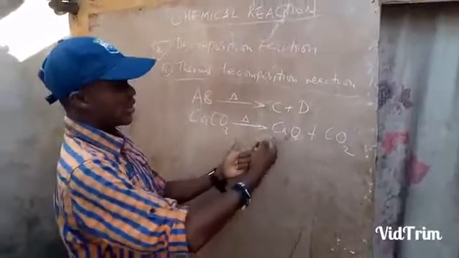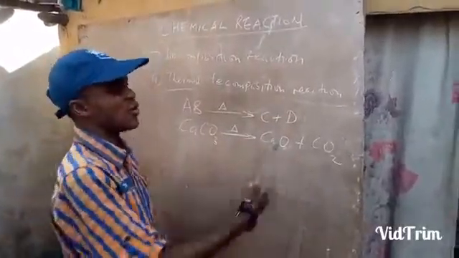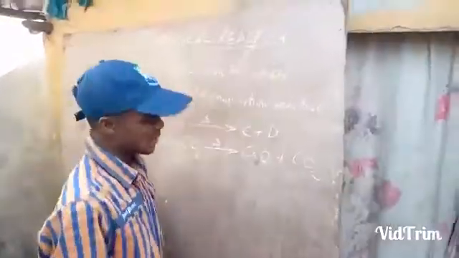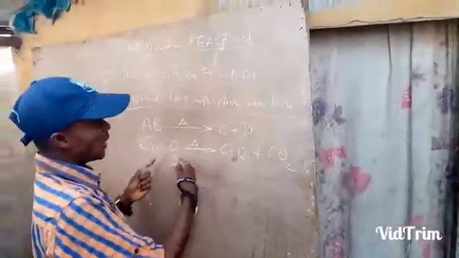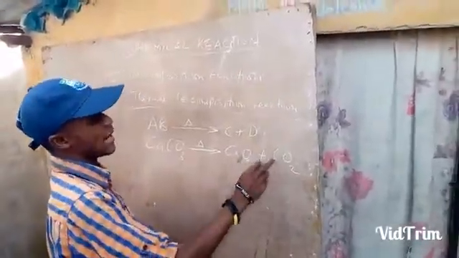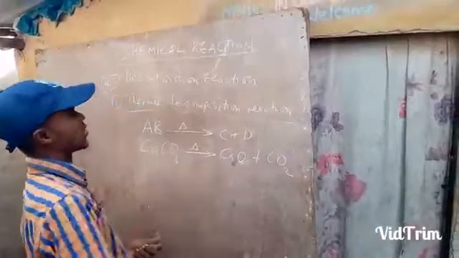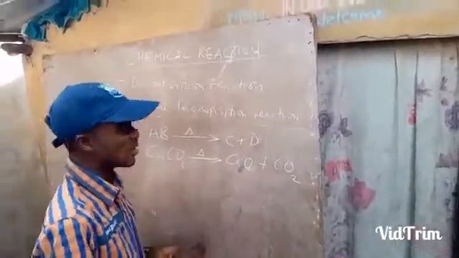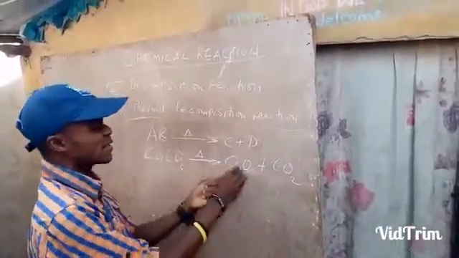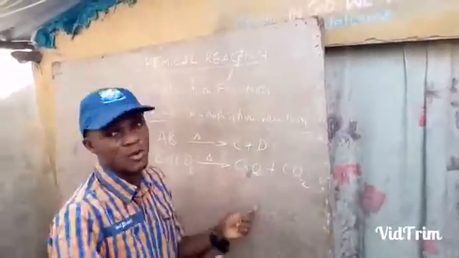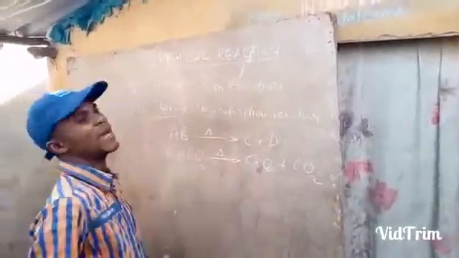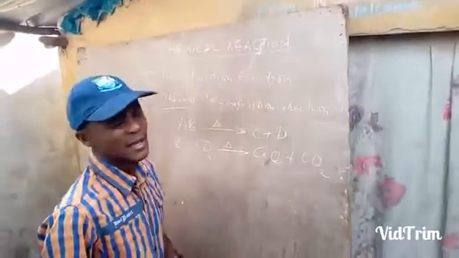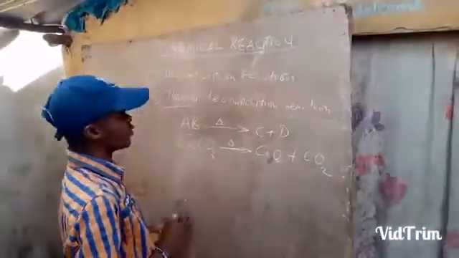So if you have a product this way, calcium oxide and carbon(IV) oxide, you call this reaction thermal decomposition reaction, simply because even when you remove this heat, this calcium oxide and carbon(IV) oxide will not combine again to produce this compound here. So a reaction of that type is thermal decomposition reaction.